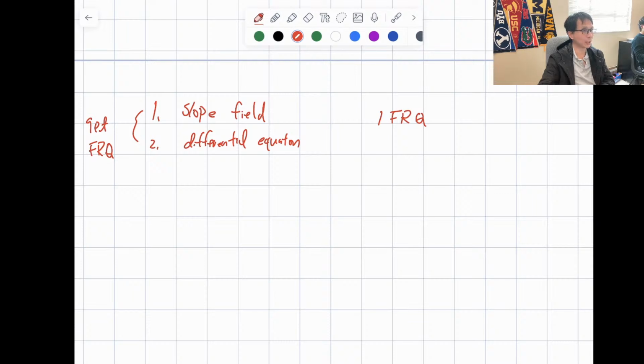You're going to for sure get one FRQ, and then you're going to get L'Hopital's rule. And remember the last FRQ test that you guys didn't do well on? There are 3 subjects, right? A, there is rate in and rate out.